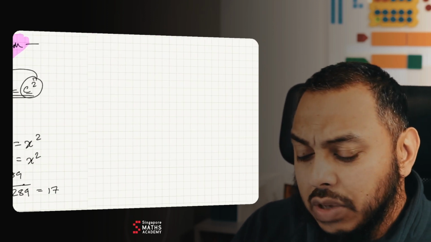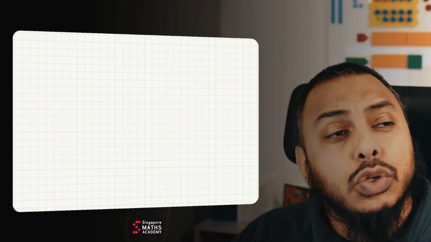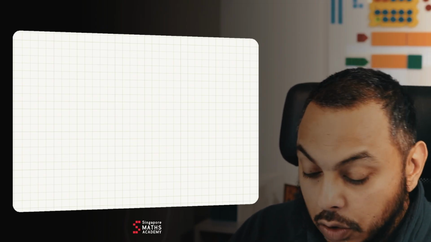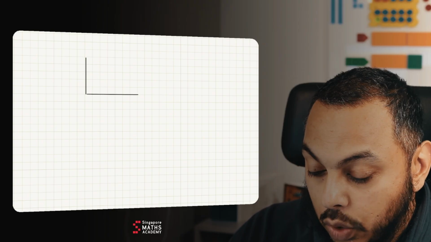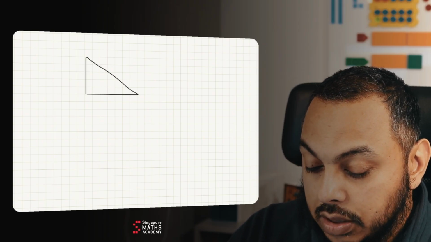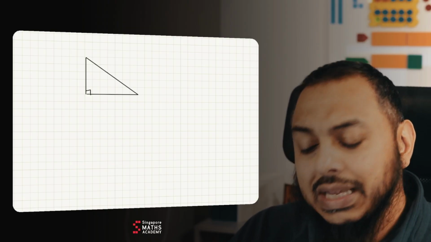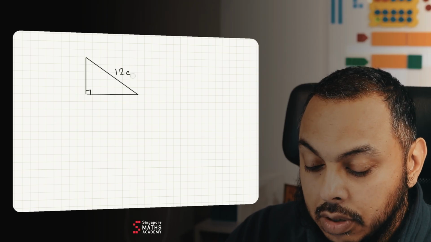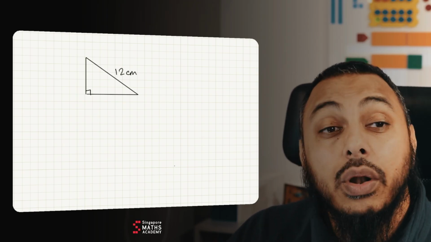Now, we also have other questions where we're asked to work out one of the shorter sides, given the longer side. So, for example, we might have a question like this. We've got a right angle triangle, and we're told that this length is 12 centimeters, and we might be given one of the other lengths.